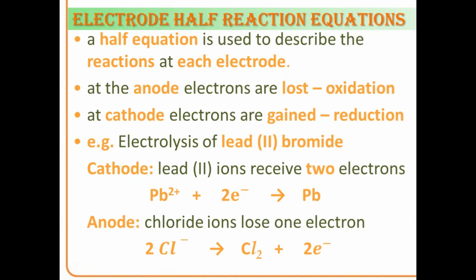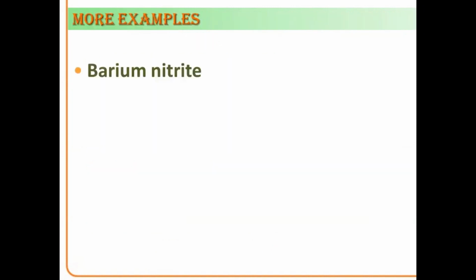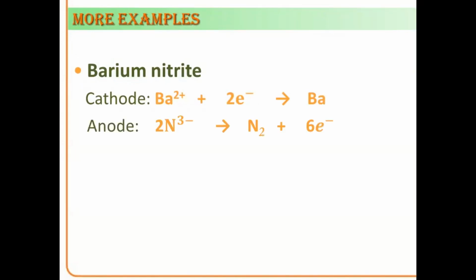Now, let's look at a few more examples. The first one that we want to look at is barium nitride. We have the barium receiving 2 electrons, and we have the nitrogen that is going to lose electrons, and then you make sure that your equation is balanced.